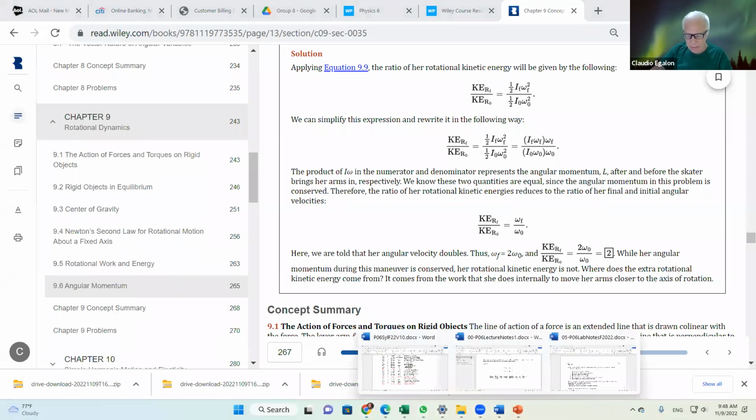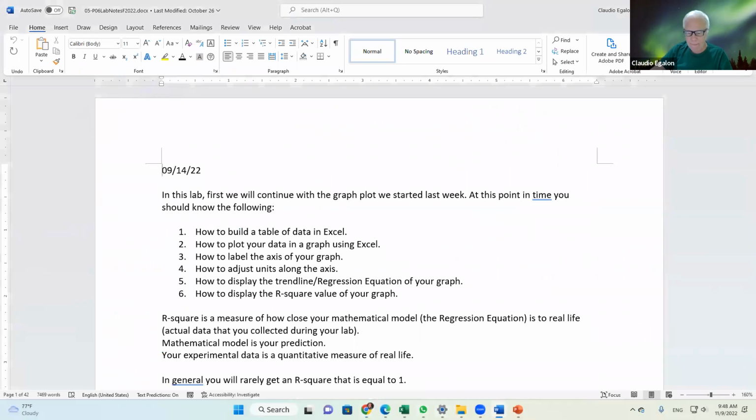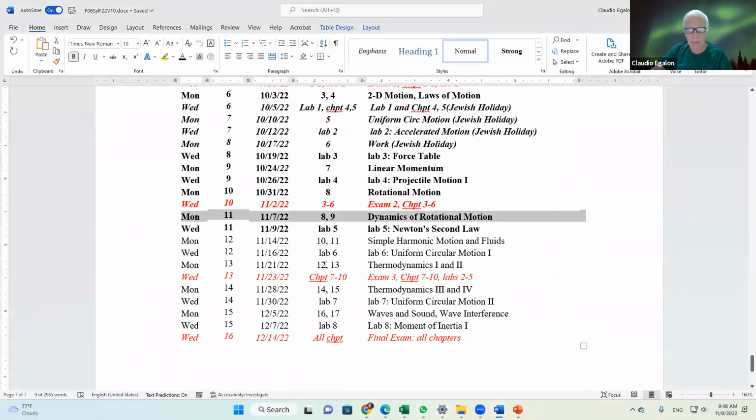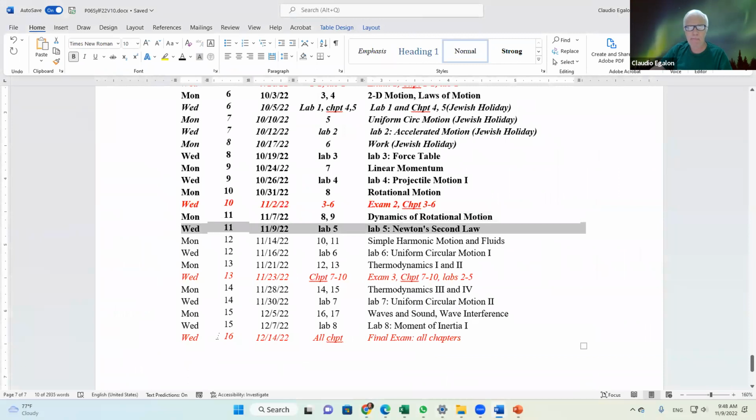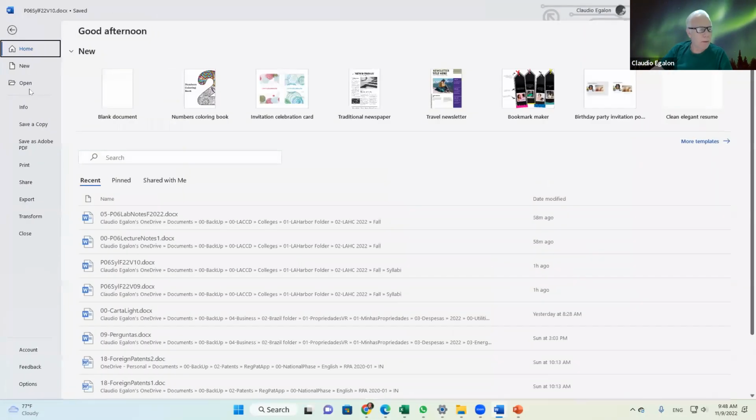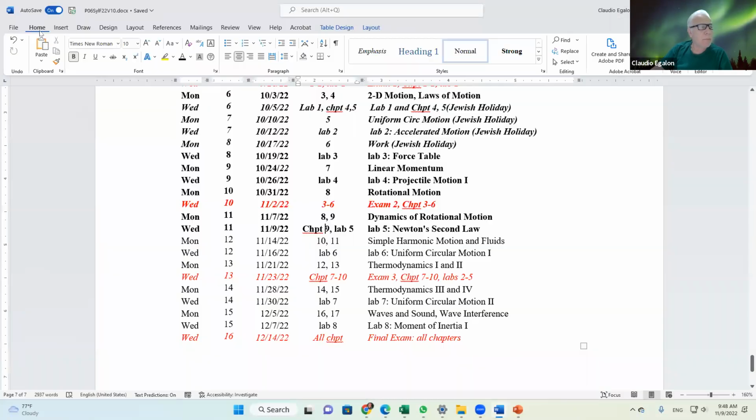Let's take a look here what the next lab is. The next lab is Newton's second law. Okay, let's put here chapter 9, right? Chapter 9, lab 5. Don't forget, we changed the date of the third exam.